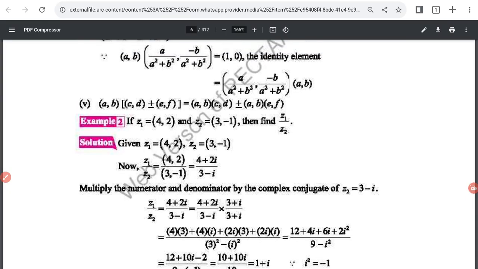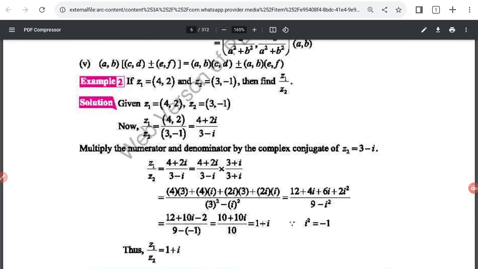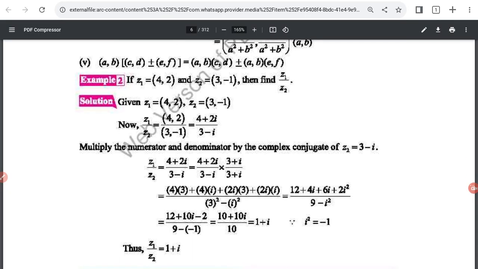Then the fifth property: (a, b) into ((c, d) plus or minus (e, f)) equals (a, b)(c, d) plus or minus (a, b)(e, f). So this is the fifth property.